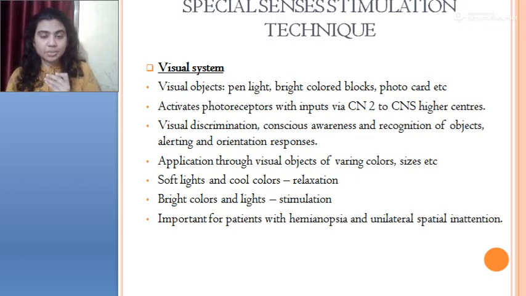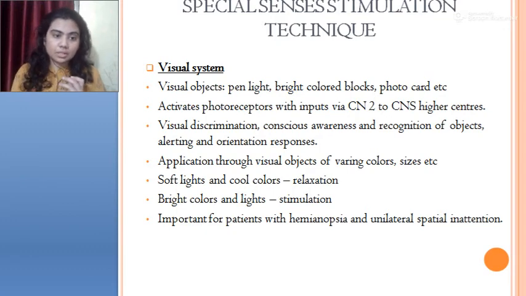Because at that time the patient is unconscious, or can be semi-conscious, so we utilize these systems as a base to make the patient aware and conscious, right? So these are also part of the coma stimulation techniques.